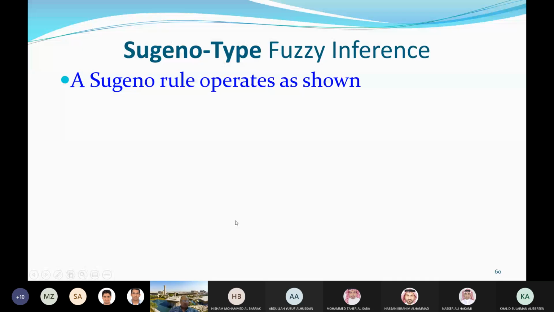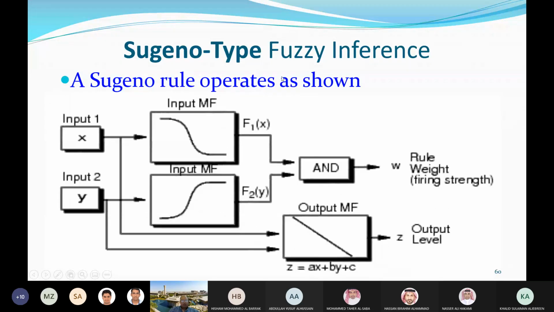Let us take a simple example. It operates as such. You have the inputs here, and you fuzzify the inputs. For each input you calculate the degree of membership as usual, and then you have either AND or OR. You calculate the antecedent part as usual. So this is the weight. You also have X and Y numerical values, and you calculate the output, which is the linear combination of the inputs X and Y. A, B and C are constants.